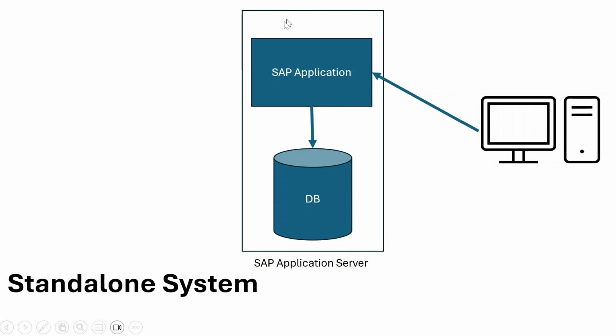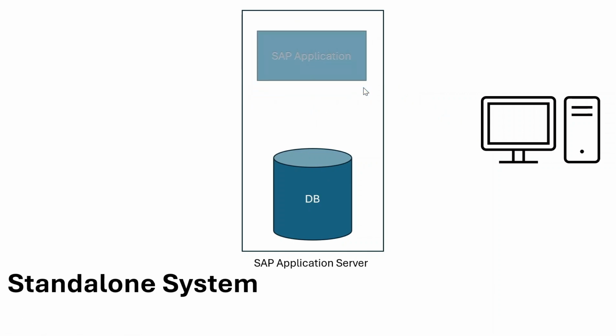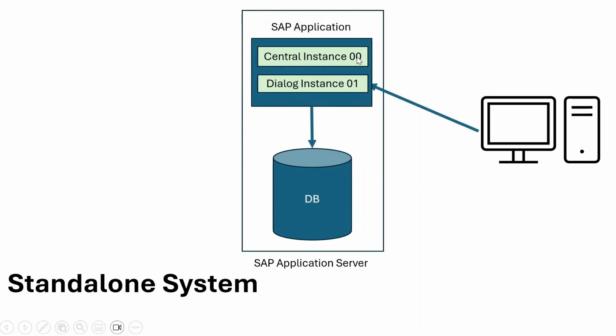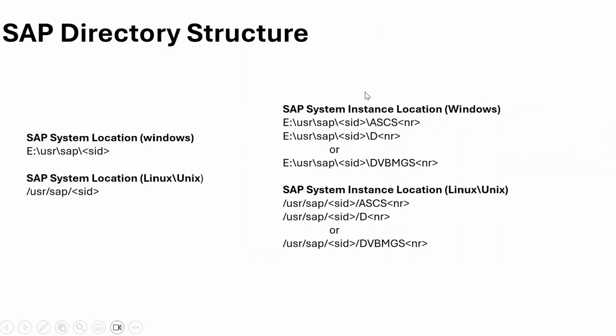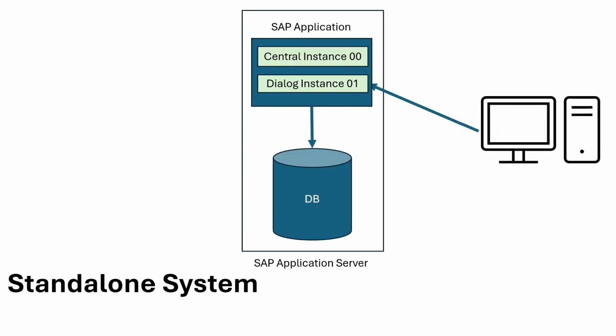Now, if we break down this SAP application server, it has two components. One is the central instance, another is the dialog instance. The requests reach the dialog instance, and the dialog instance connects to the DB, and then the DB sends the response. So that's how the SAP system works.